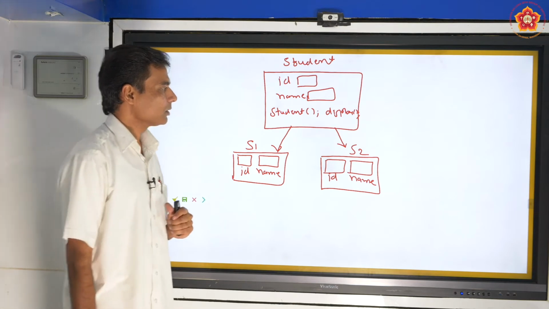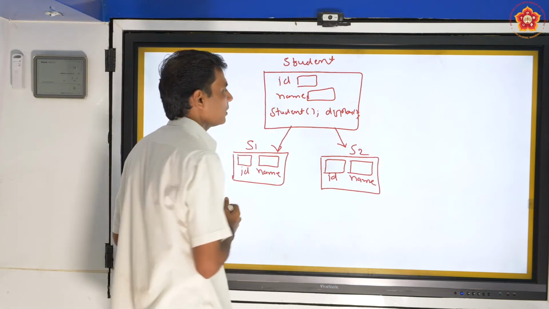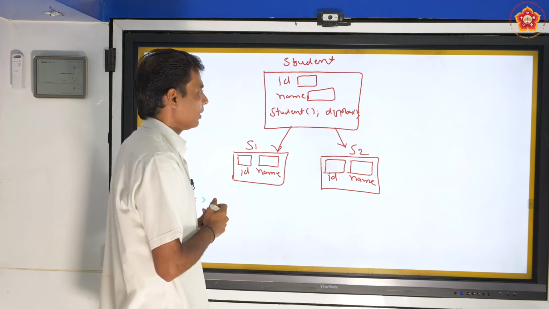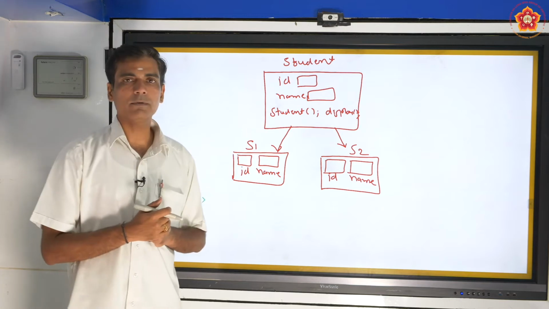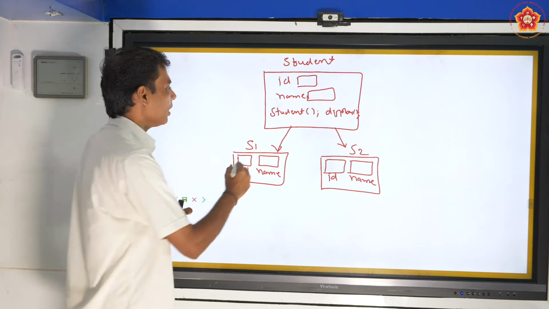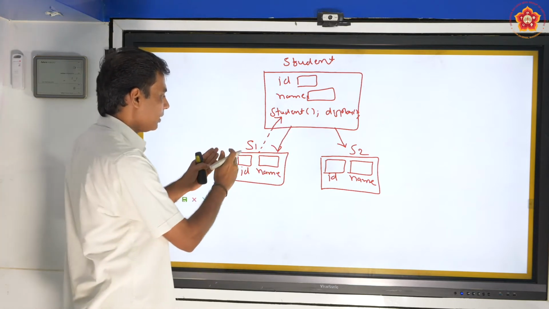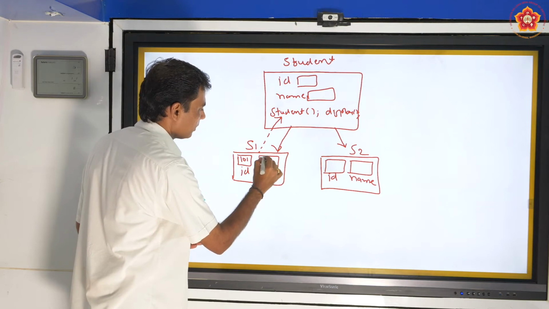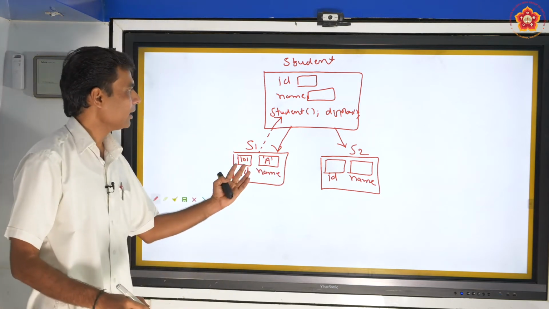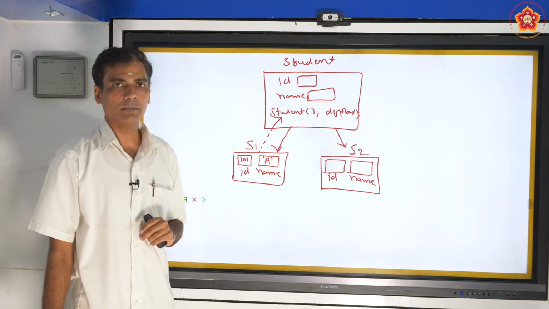Now what happens when you call a function display or when you call the constructor student? The compiler checks which object is calling the function. When you call the function with S1, the values of S1, S1's ID and name get passed to the student.